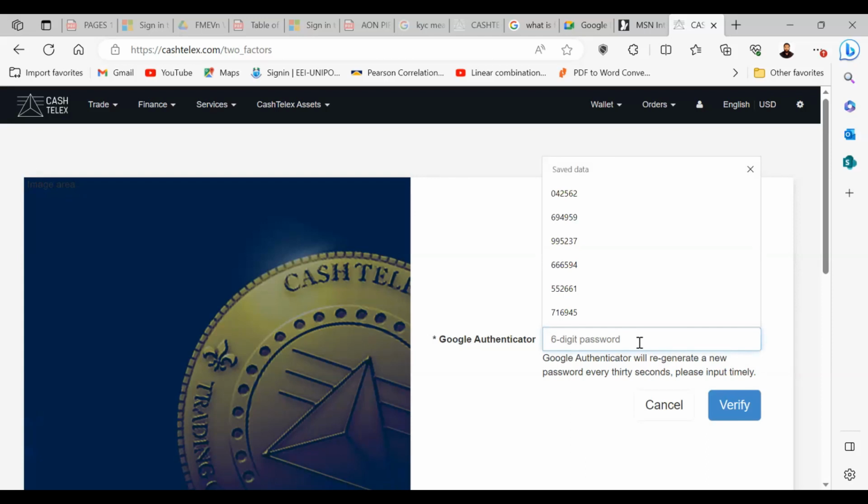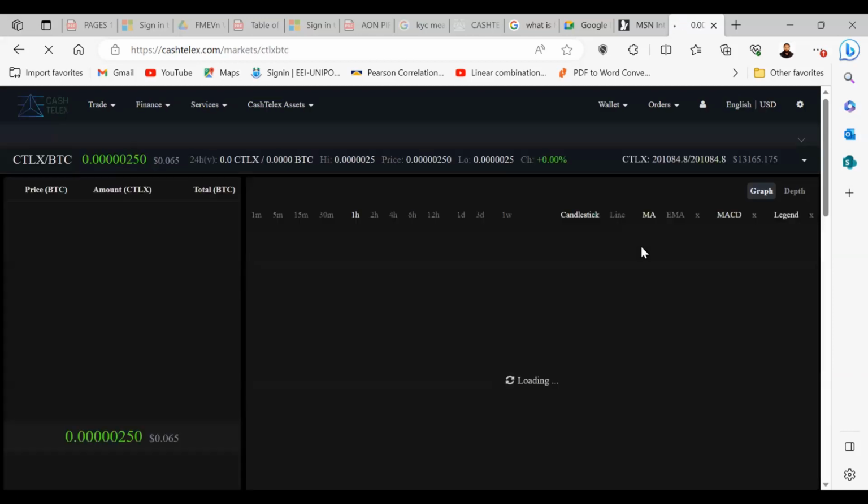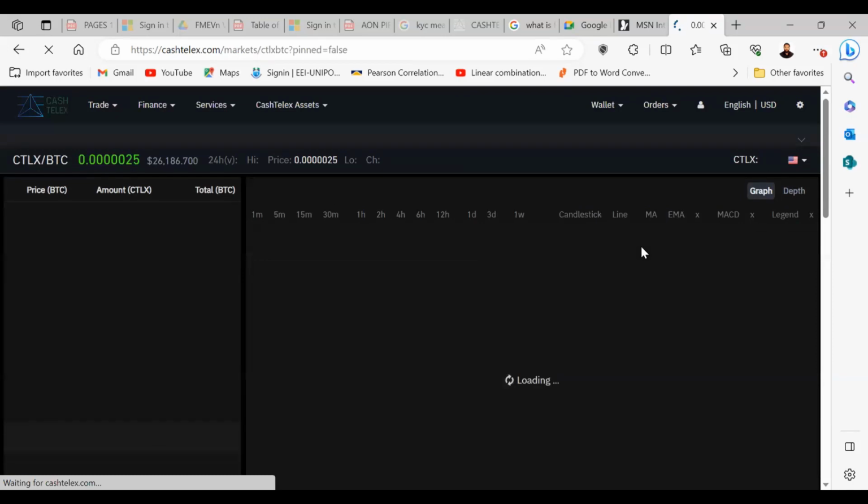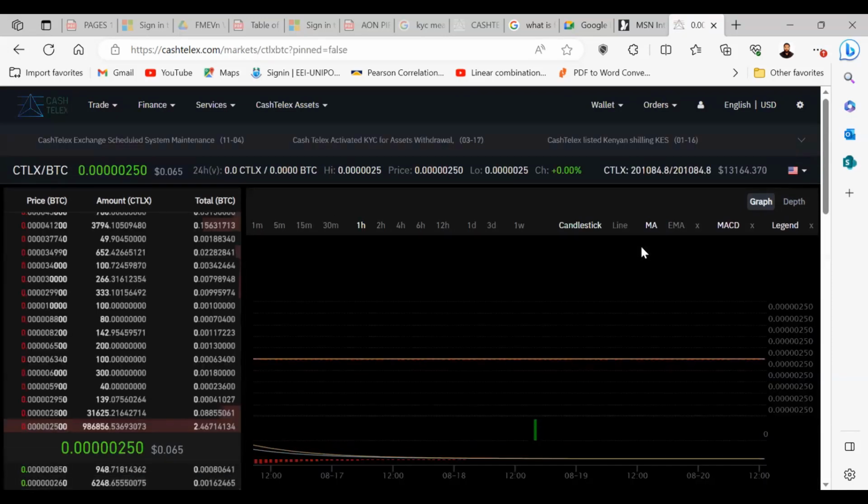I'm having 3F343 4. If you're sure that you're correct, you click on verify. Upon clicking verify, it's correct, then it takes me to the next page.